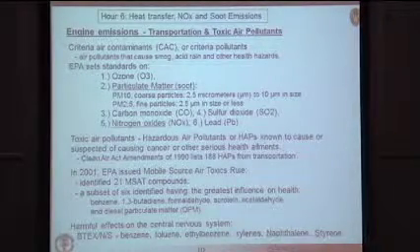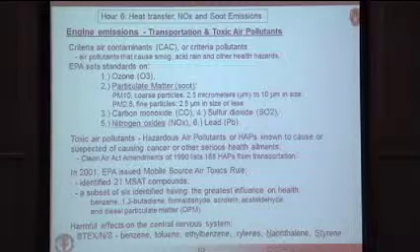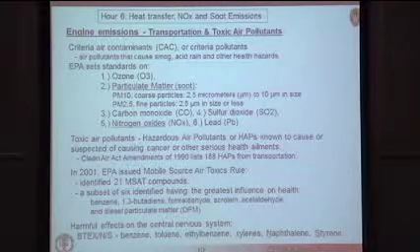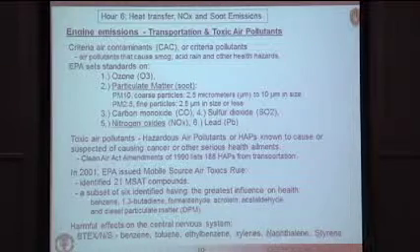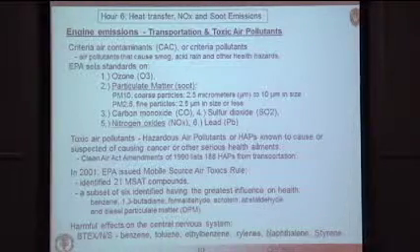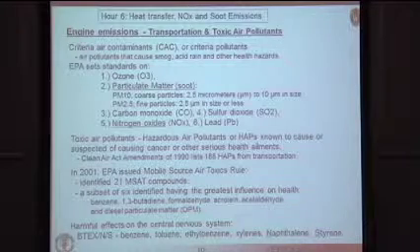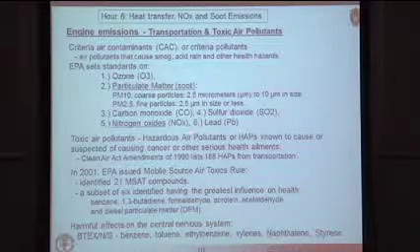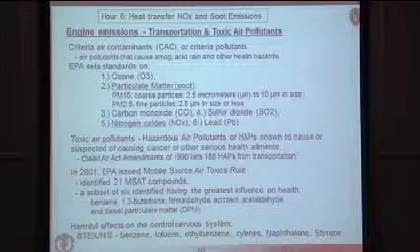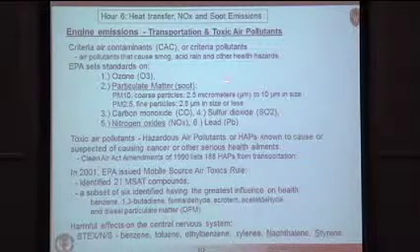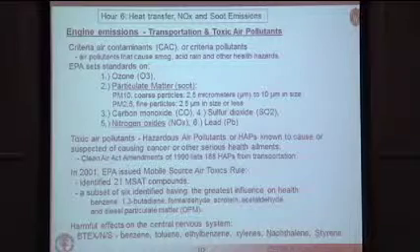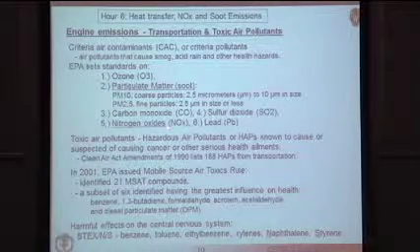So if we look at engine emissions, we're talking about NOx and soot here. This is something that is really driving a lot of the research that we've been discussing these last couple of days. In particular, the EPA has set standards on all of these guys you see here, these 6 pollutants: ozone, particulate matter, carbon monoxide, sulfur dioxide, nitrogen oxides, and lead.